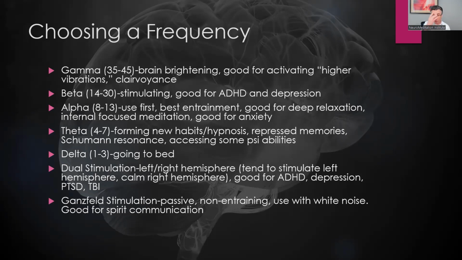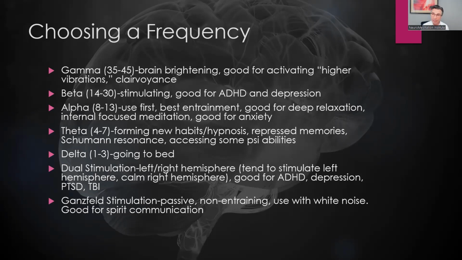Now, alpha, this is in the middle. And you remember that we said alpha was good for relaxation. It's good for internal awareness. So it's a nice meditation type protocol. This is often the best one to start with. If you've not used your device, this is a good place to start, picking one of the alpha programs.